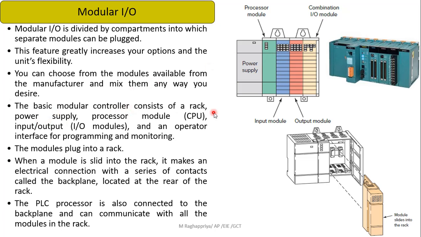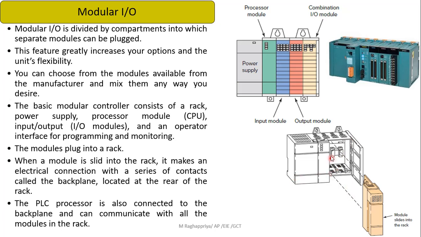A basic modular rack consists of a power supply, processor, input output modules, and an operator interface for programming and monitoring. These modules will be plugged into a rack. You can see the back part. These are something like a rack and we are keeping the modules inside this.